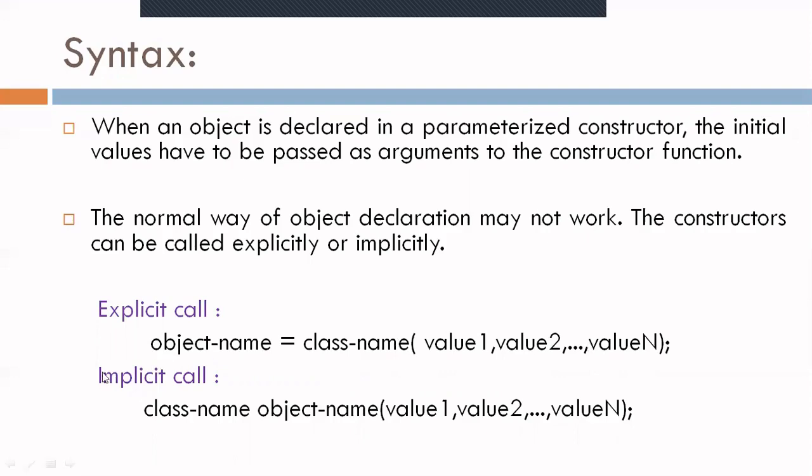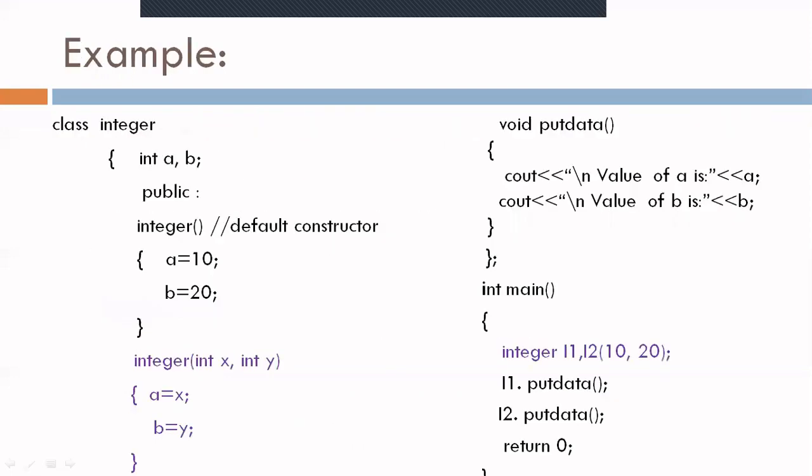And if we want to make an implicit call, then we have to write class name, then object name, and then simply pass the values to the parameterized constructor. So these are two different ways we can call a parameterized constructor.